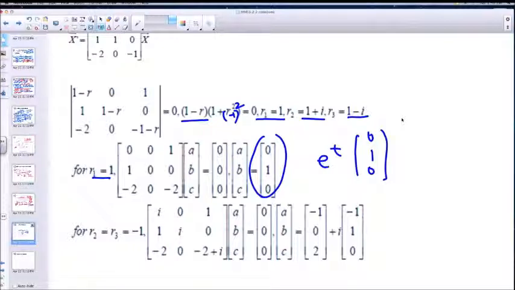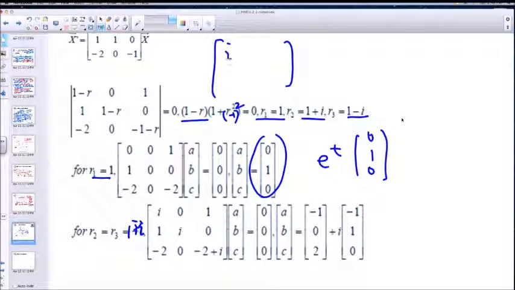For the imaginary solution, when this equals 1 minus i or plus i, you put it here. Then you use the 1 minus i. You put in the 1 minus i, and then 1 cancels out 1.